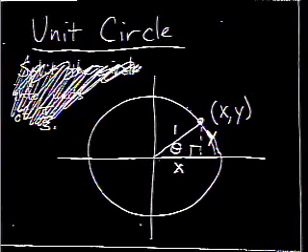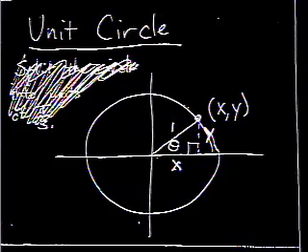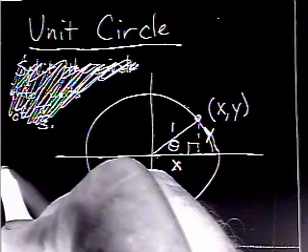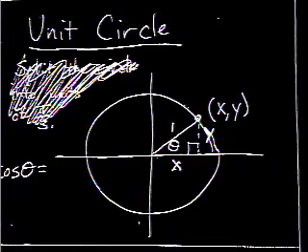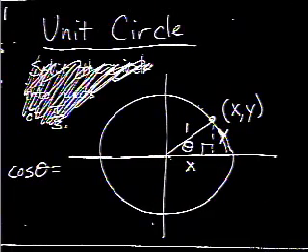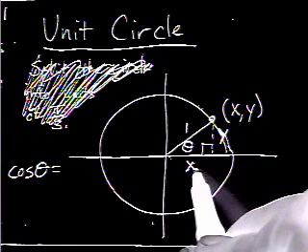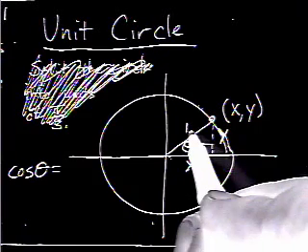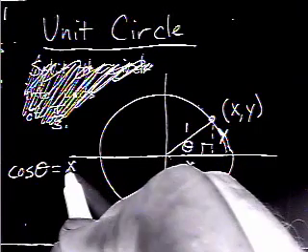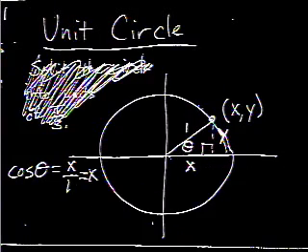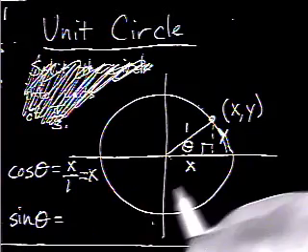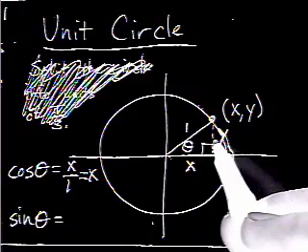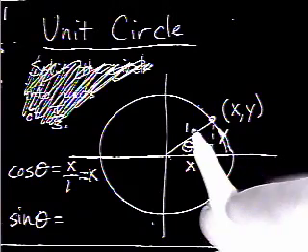Well, I know that the cosine of theta is equal to adjacent over hypotenuse. That's x over 1. Well, that's a fancy way to say x. What about the sine of theta? The sine of theta would be opposite over hypotenuse.